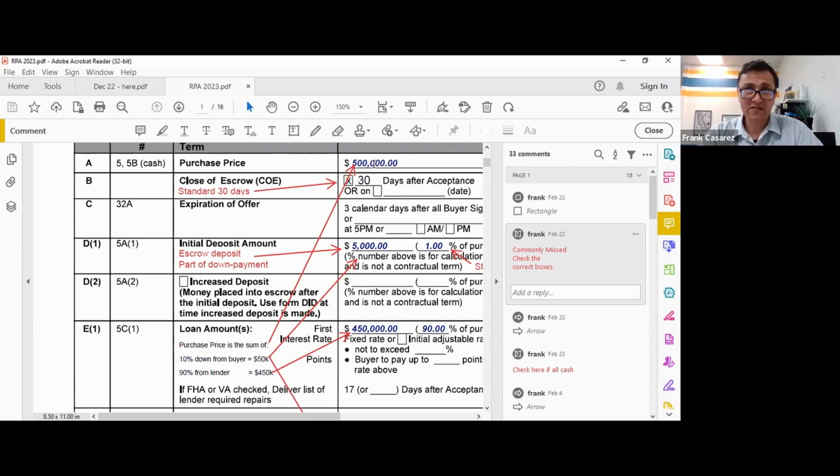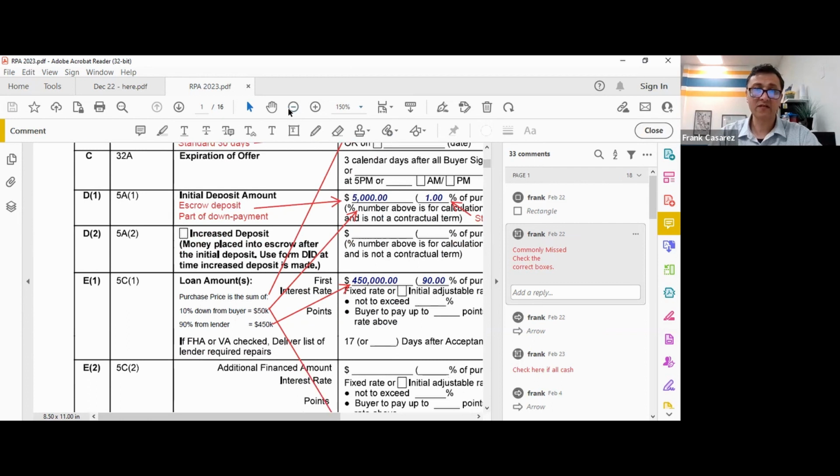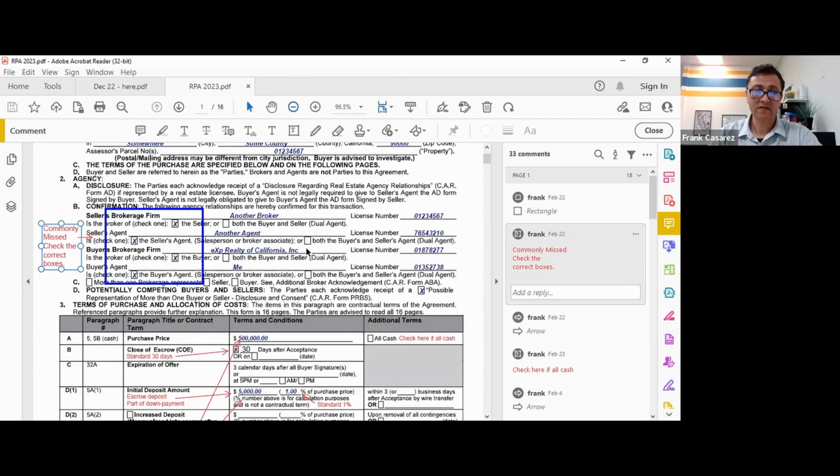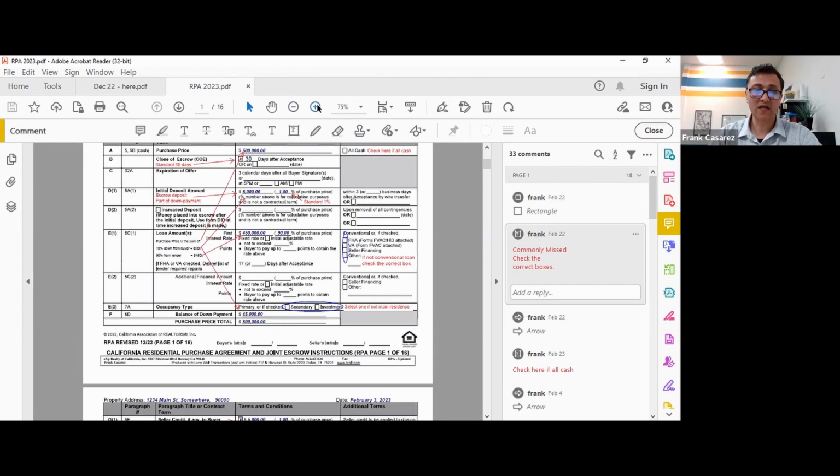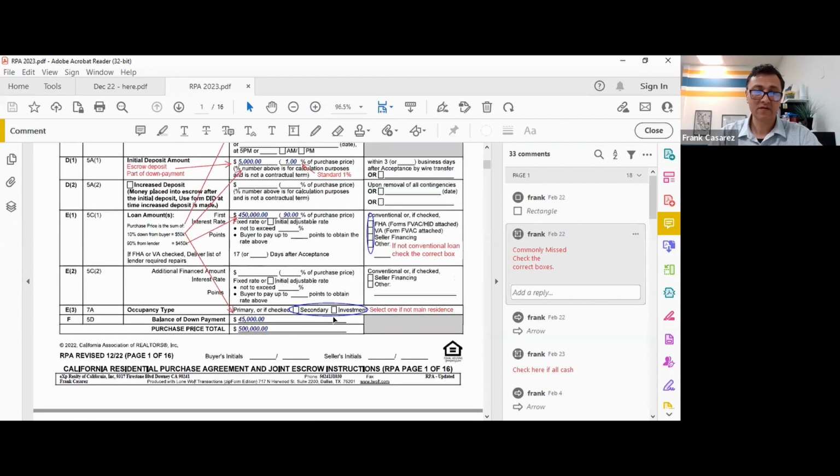The lender says the buyer is putting 10% down. 10% of 500,000 is 50,000 right here. You subtract 50,000 from 500,000, you get 450. Now, if everything's done correctly, your numbers at the bottom will line up. That offer price is going to be correct.